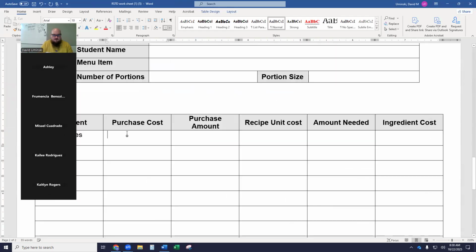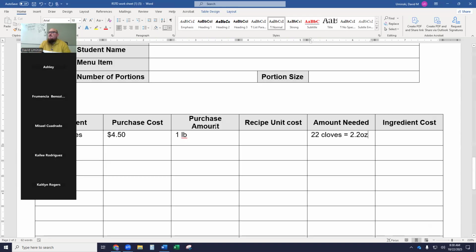okay, so we have garlic cloves. We purchase it for $4.50 for 1 pound. The amount needed was just 22 cloves. And so that's how I would set it up to begin with. And then I would know that those 22 cloves is equal to 2.2 ounces.